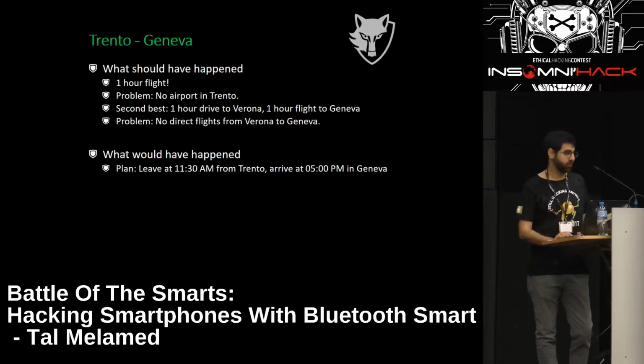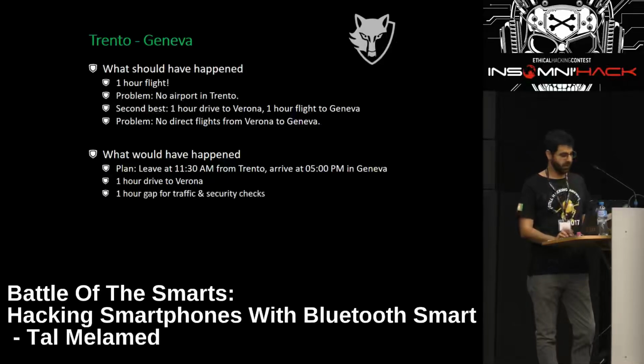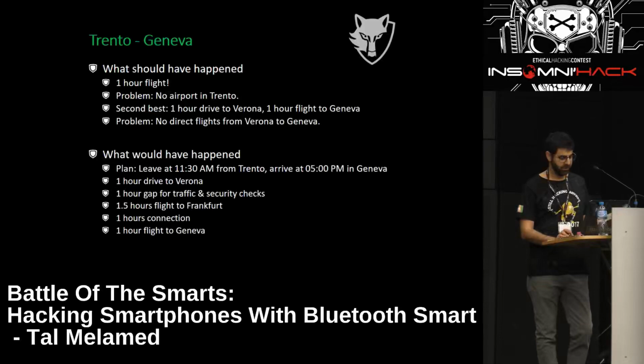So I planned to leave Trento to Verona and then take the flight from there with a connection flight and land in Geneva at 5 p.m. So 1 hour drive to Verona, 1 hour I gave myself as a security gap for the security checks, check-in, and traffic possibilities, 1 hour flight to Frankfurt, 1 hour connection, and another hour flight to Geneva. Total time, 5.5 hours. Okay, it's not great, but it's not that bad.